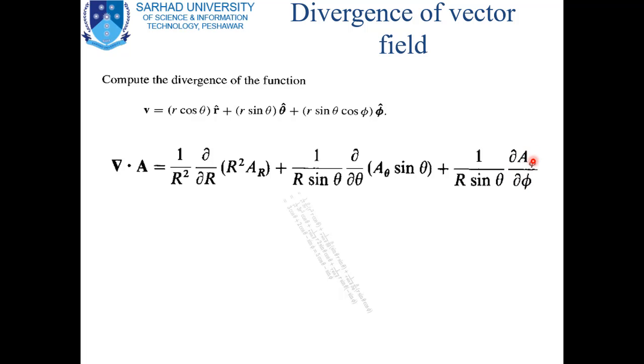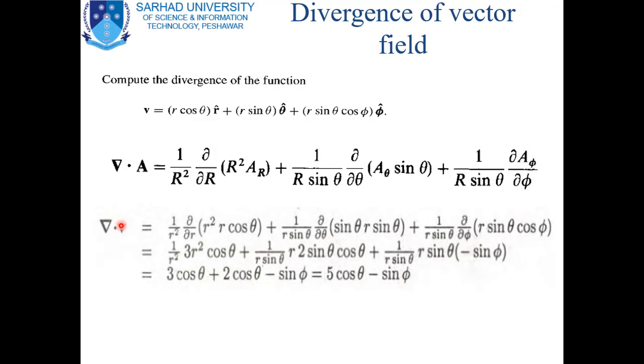So when we put V instead of A, our expression will be 1 over r squared del over del r of r squared.